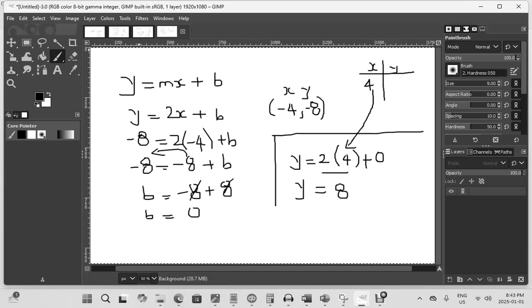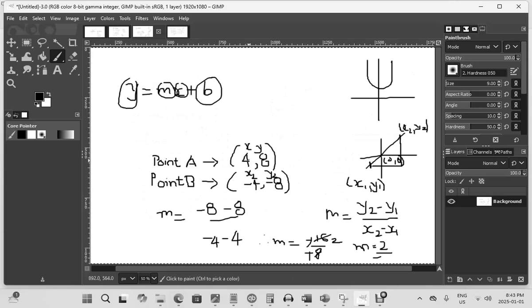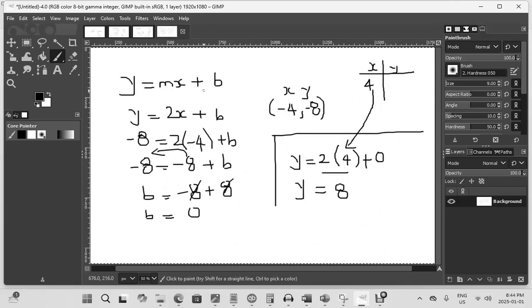We can go back and double check. For point A, our x coordinate was 4 and our y coordinate was 8. So this is how you double check. Likewise, you can sub in any value for x and figure out your y.